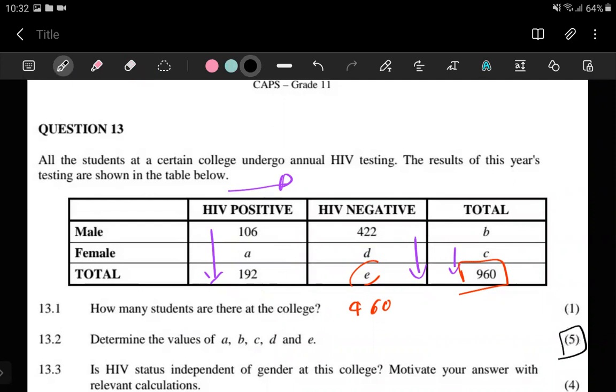I get why it's calculator work, but would I be wrong to just want to do 106 minus 192 or whatever to get A? Well, 192 minus this gives you A. So I wouldn't be wrong to want to do that. No, you wouldn't be wrong. You would be right.